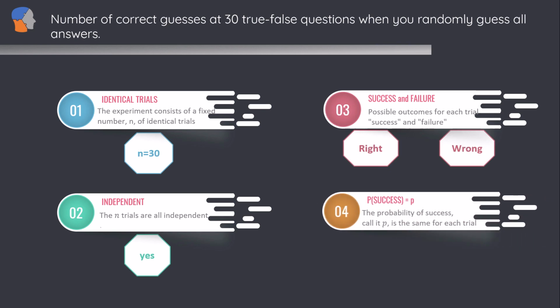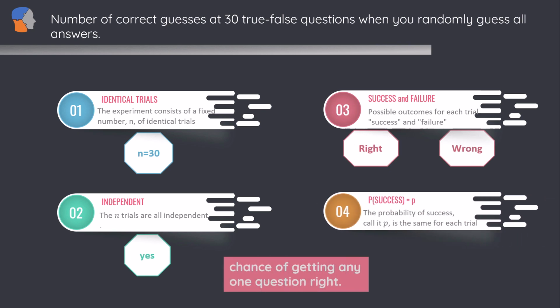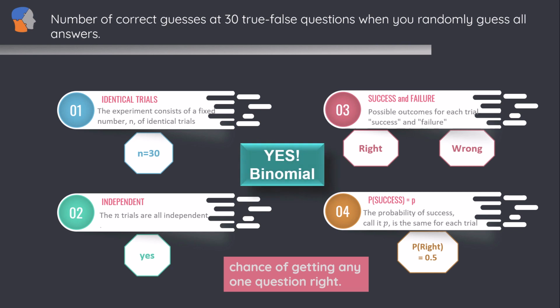Right and wrong. Then success probability. How many answers? Two answers. What is the probability of getting the right answer? 0.5. Therefore, probability of success is 0.5 for each question because each question has only two answers and one is the correct one. Therefore, all conditions are satisfied, and this experiment is a binomial experiment.